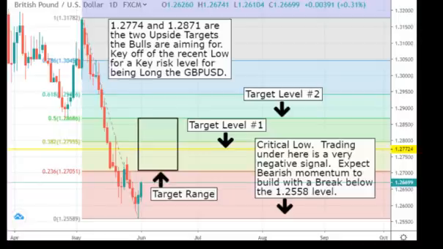So even if this market does gravitate up towards our potential target levels of 1 and 2, look at it as a bullish correction. The market is still in a bear market, and that would also be, like I said, this target level number 2. The market most likely will run out of gas there because it's already been a current low. As you can see, it's also a Fibonacci retracement level from the current high and low that's on the chart.